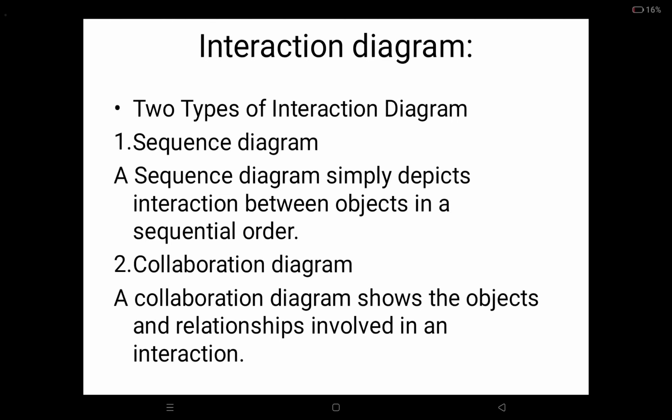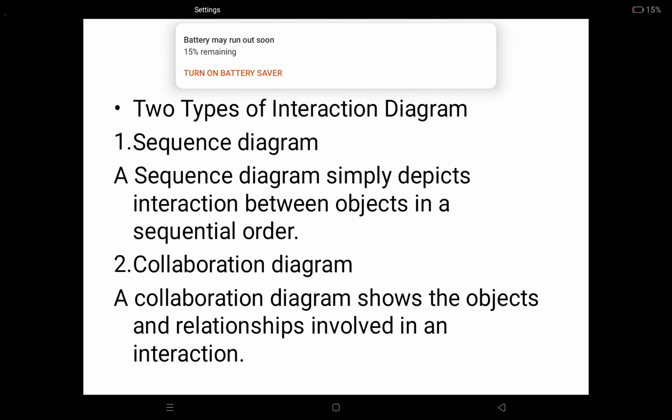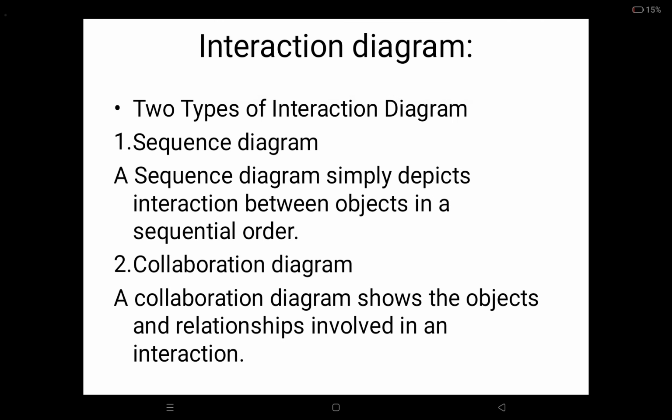Next, a very important thing is the sequence diagram. The sequence diagram uses the fence format. What do you mean by fence format? Fence format is nothing but every new object is added to the right-hand side of the existing object.